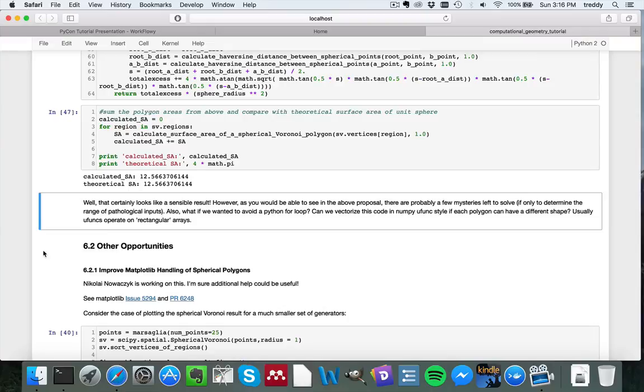So understanding exactly which cases are pathological is still a bit mysterious to us. And in terms of the surface area calculation, if you have a spherical polygon which effectively covers an entire hemisphere, that does appear to be a problem. So I think we need to be able to say, what are the limits of this polygon surface area calculation algorithm? What's an acceptable input and what isn't?